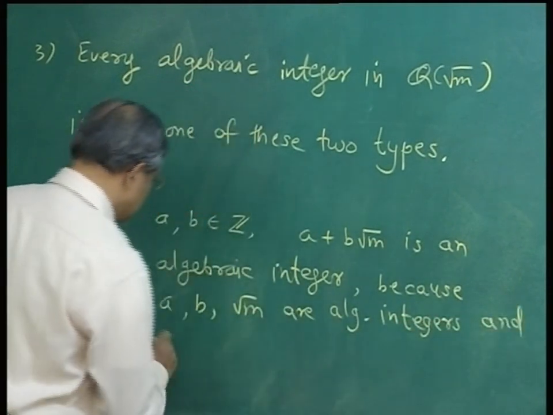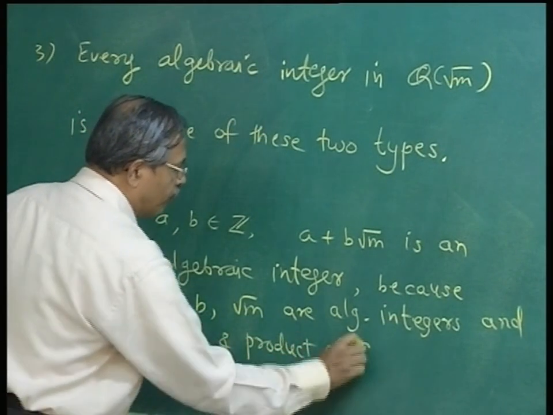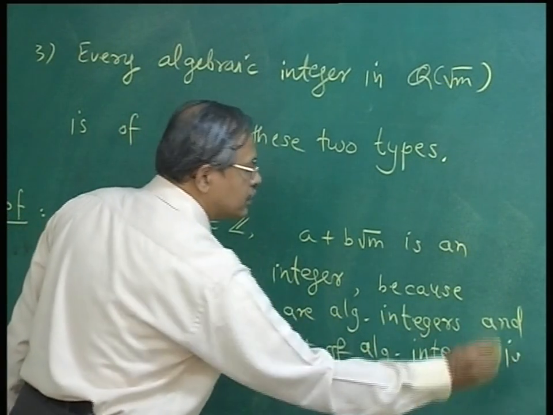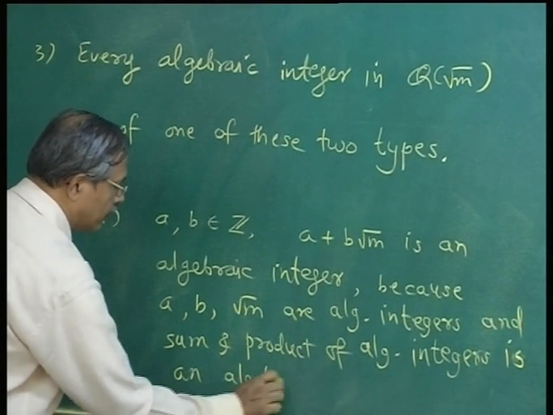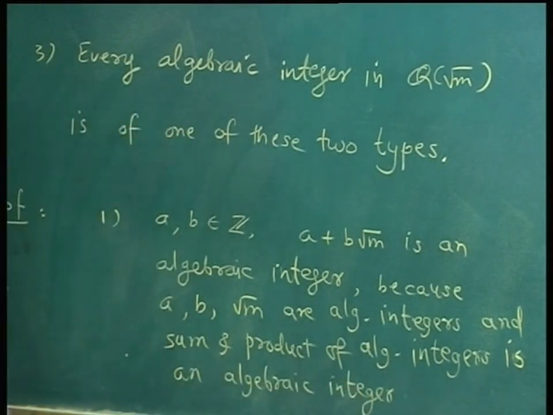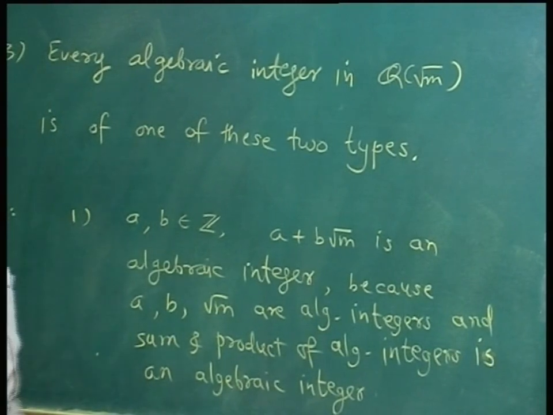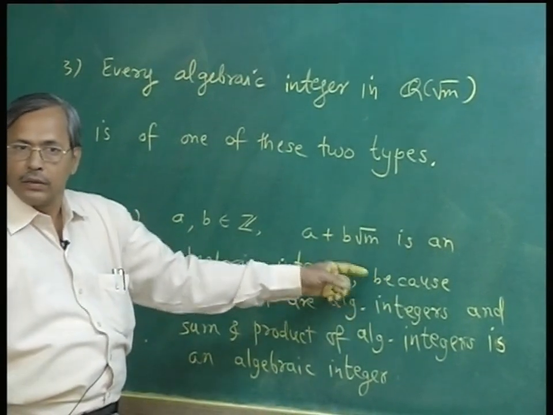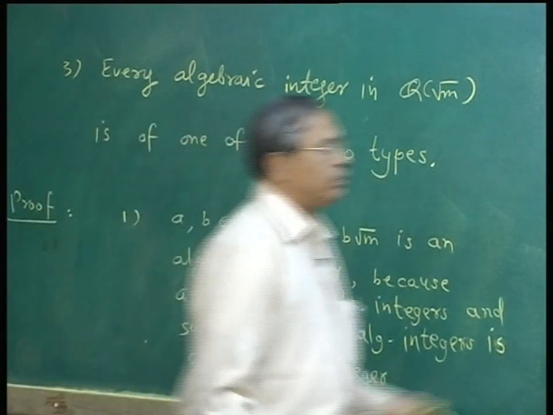Or we can just find out the polynomial satisfied by a plus b root m. This is an alternative argument, directly find the polynomial. So let me mention that.